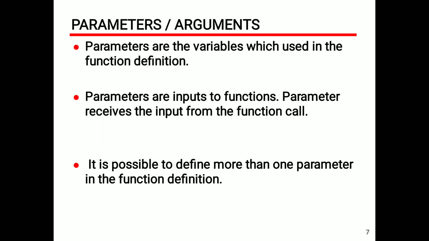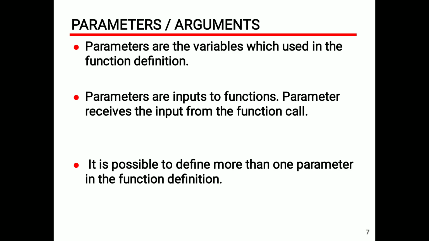Parameters and arguments. Parameters are the variables used in the function definition. Parameters or arguments are input to the function. Parameters receive the input from the function call. It is possible to define more than one parameter in the function definition.